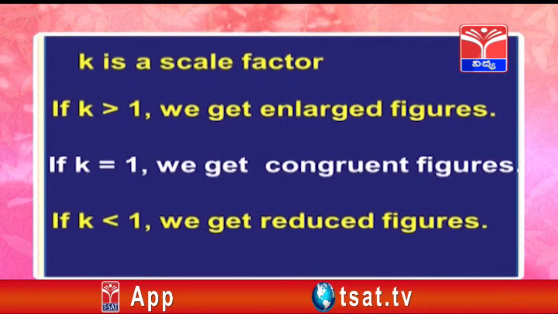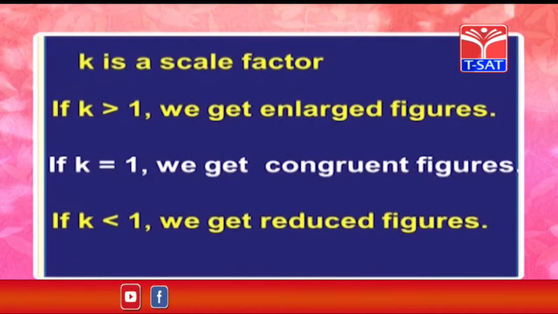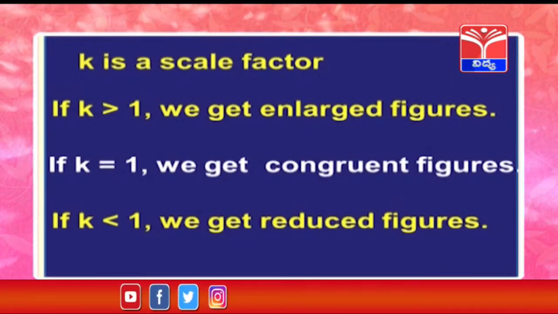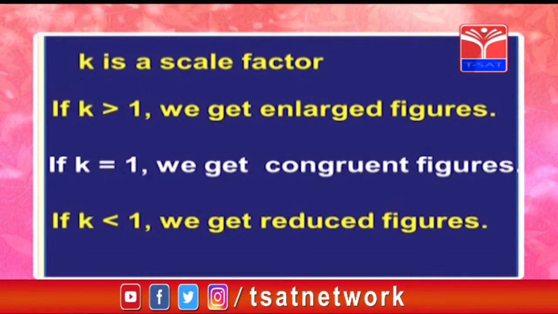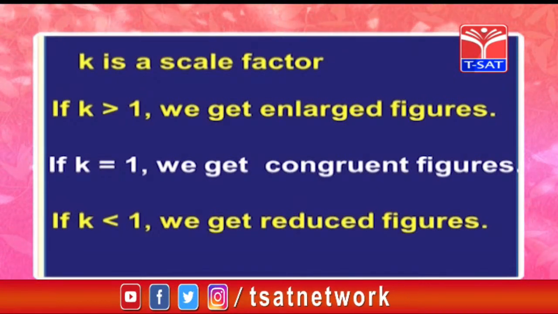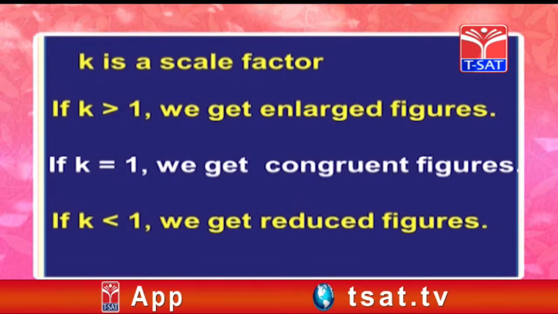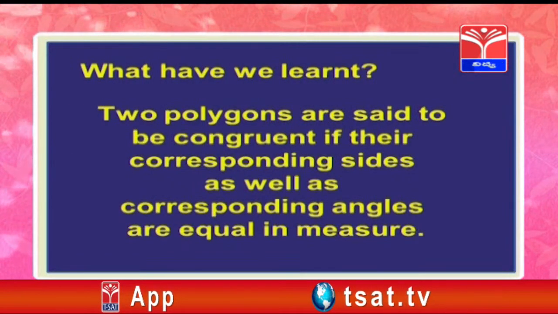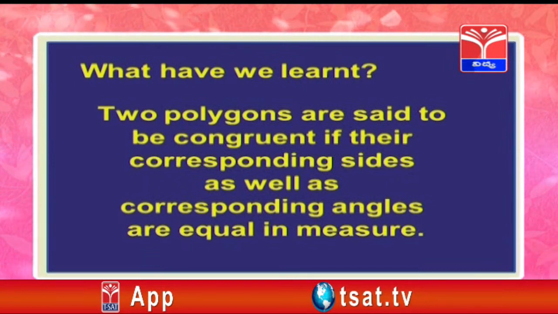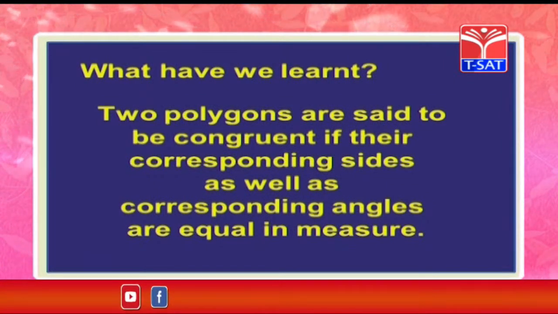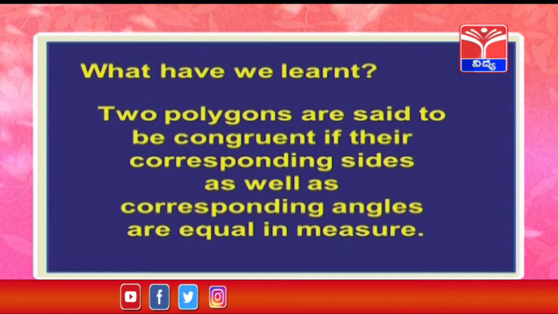So, K is a scale factor, and if K is greater than 1, we get enlarged figures. If K is equal to 1, we get congruent figures. If K is less than 1, we get reduced figures. What have we learned? Two polygons are said to be congruent if their corresponding sides as well as corresponding angles are equal in measure.